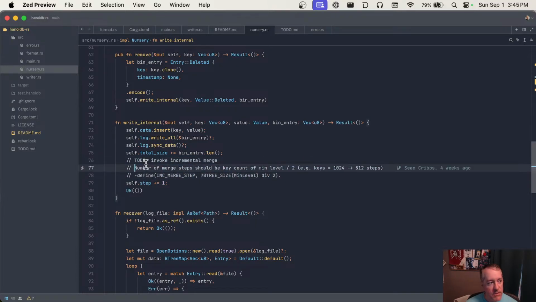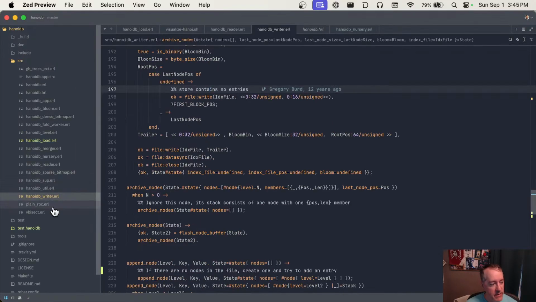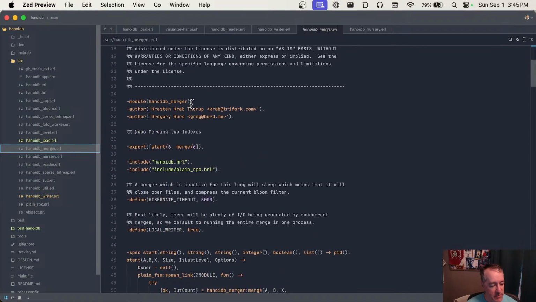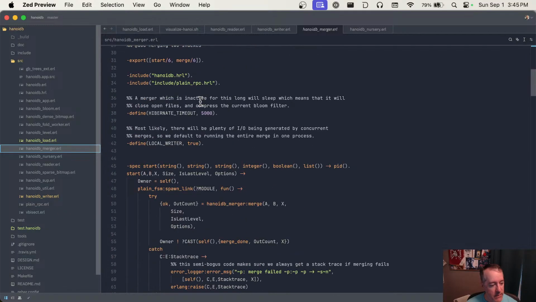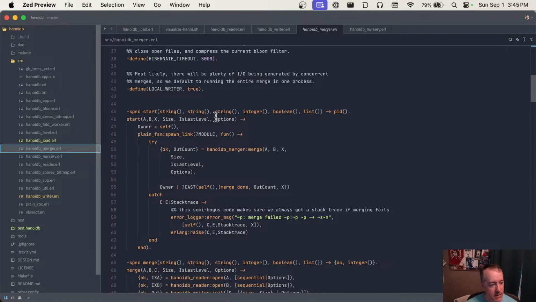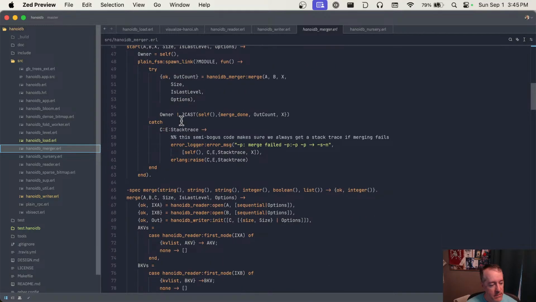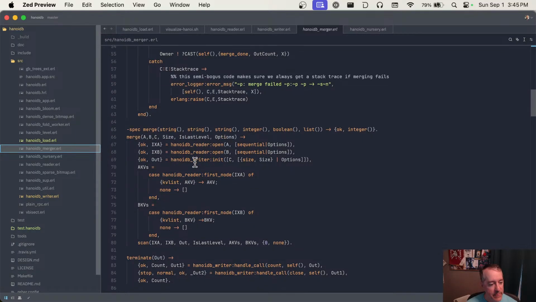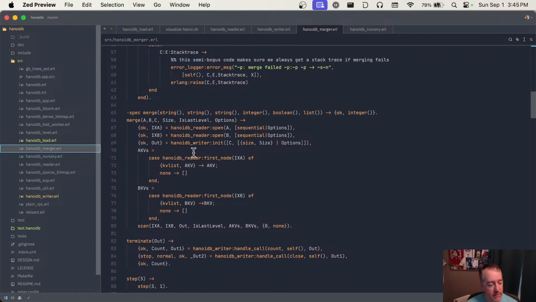So how steps are defined in HanoiDB is something I'm not as aware of, but there's this merger thing we'll probably end up looking at. Let's see, ABX is last level options. Right, so we'll need readers, and we've got a writer that we can add.